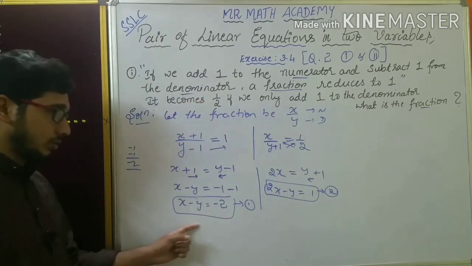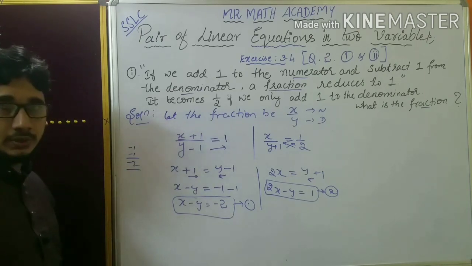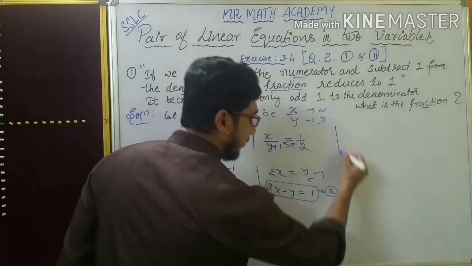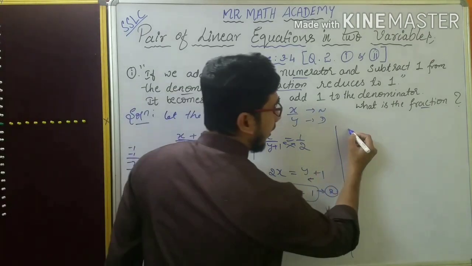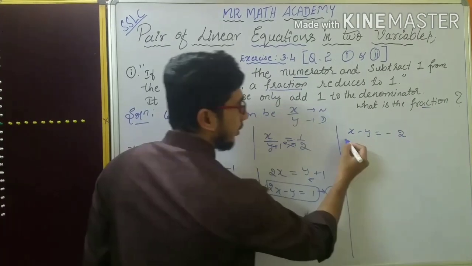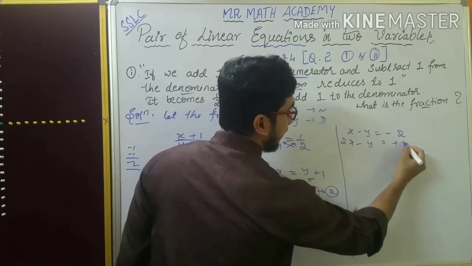Now we will solve these two equations by the elimination method. Then it will be easy for us to find the values. So I'll write it here. Consider x minus y is equal to minus 2. Take this equation, 2x minus y, which is equal to plus 1.